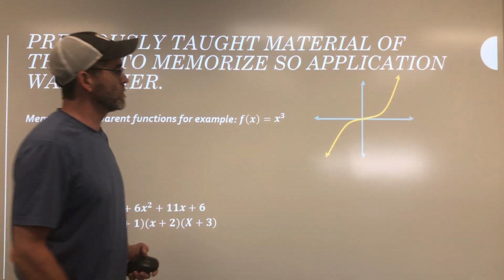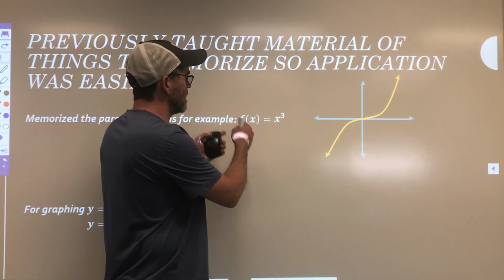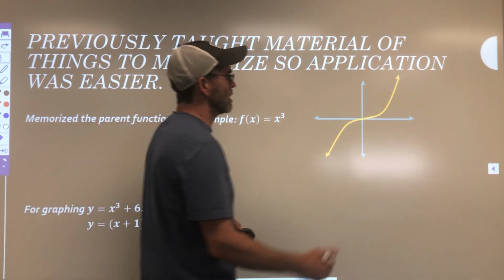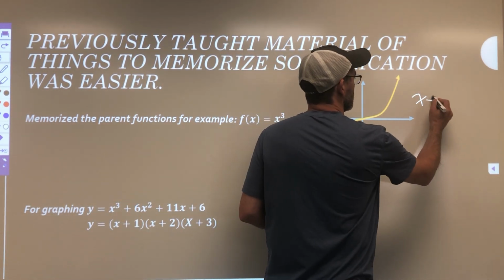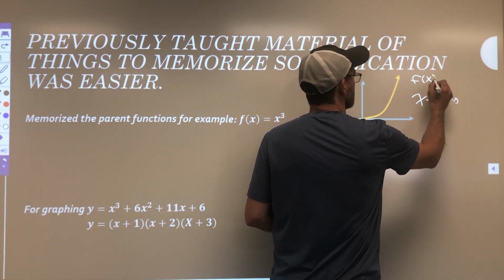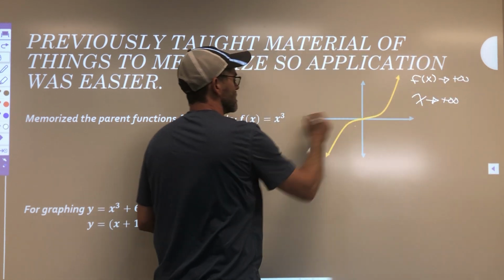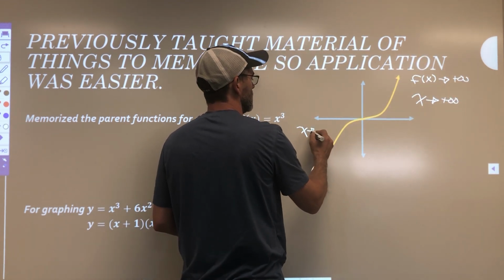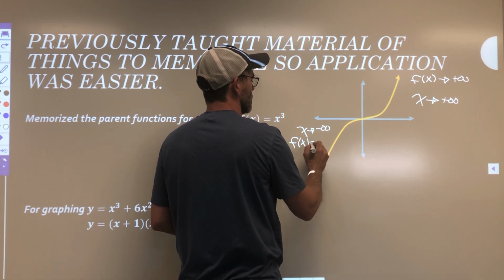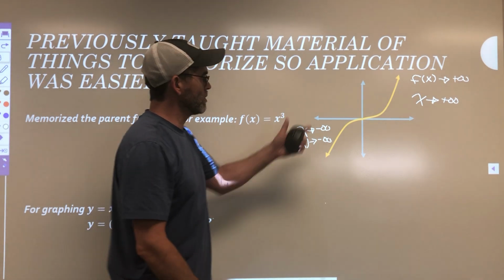Well, we memorized that because we really wanted to key off on what the end behavior was doing. So if I knew that anything to the third power was going to behave this way, right? We knew that as x approached positive infinity, the function approached positive infinity, rose forever. And as x approached negative infinity, well, the function also approached negative infinity. It fell forever. That's why we memorized that.